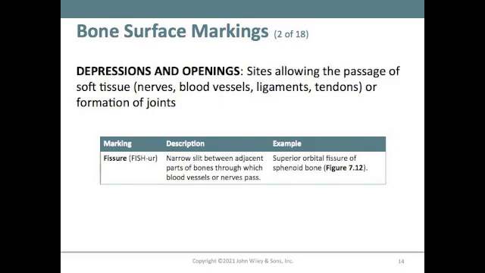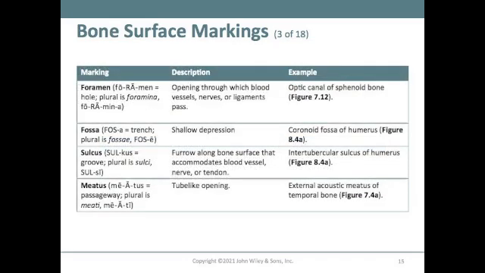I'm not going to go through all these in detail, but I wanted to talk about this one so you can get an idea of how to read through it. Other bone markings you should be familiar with are the foramen, the fossa, the sulcus, and the meatus.